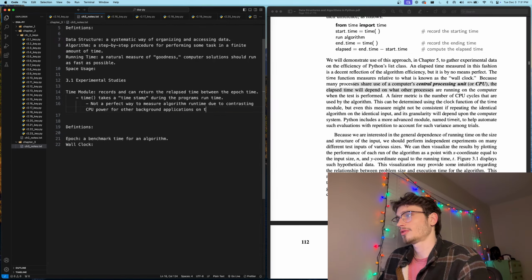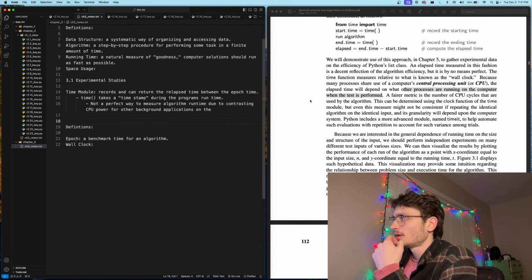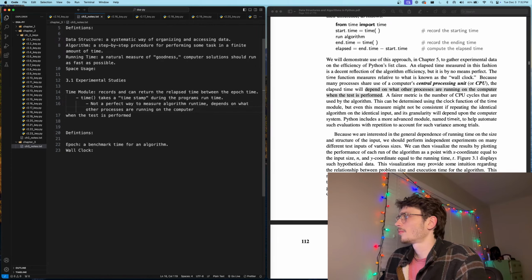Because many processes share the computer's central processing unit, the elapsed time will depend on what other processes are running on the computer when the test is performed. So we'll copy this right here. So not a perfect way to measure code runtime, it depends on what other processes are running on the computer when the tests are performed.